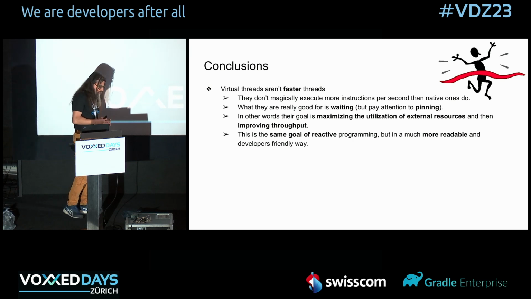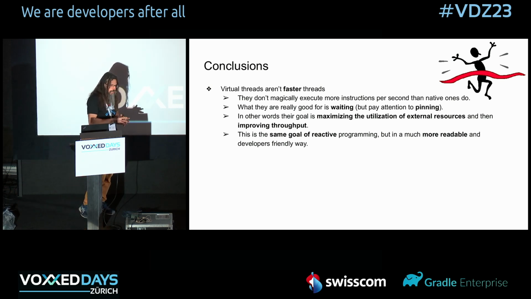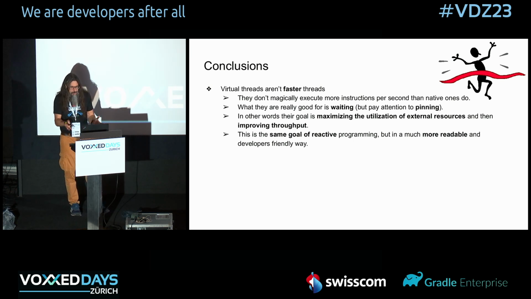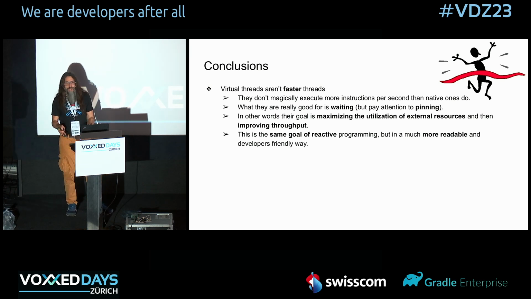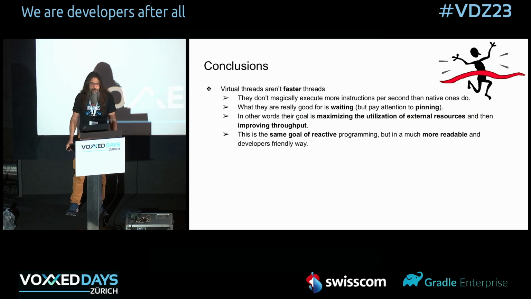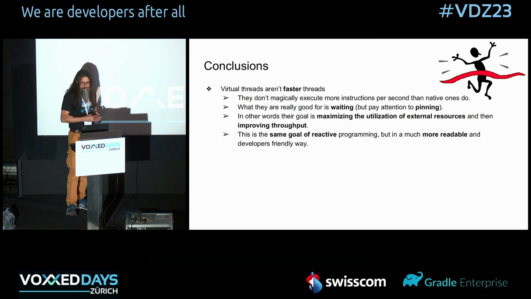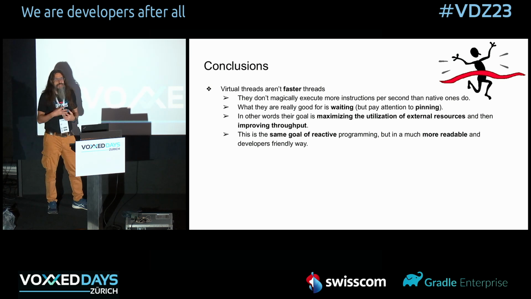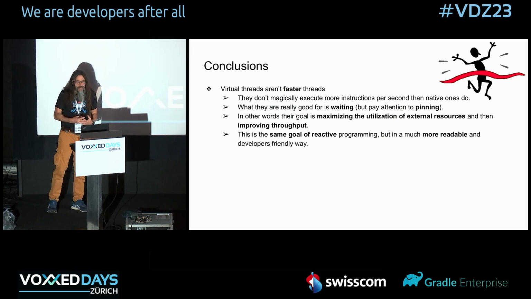So in essence, virtual threads aren't faster threads, aren't something magic that allows you to make your CPU run faster. What they are really good for is waiting, unless they are pinning. So beware of pinning. In other words, they are a way to maximize the utilization of your resources.